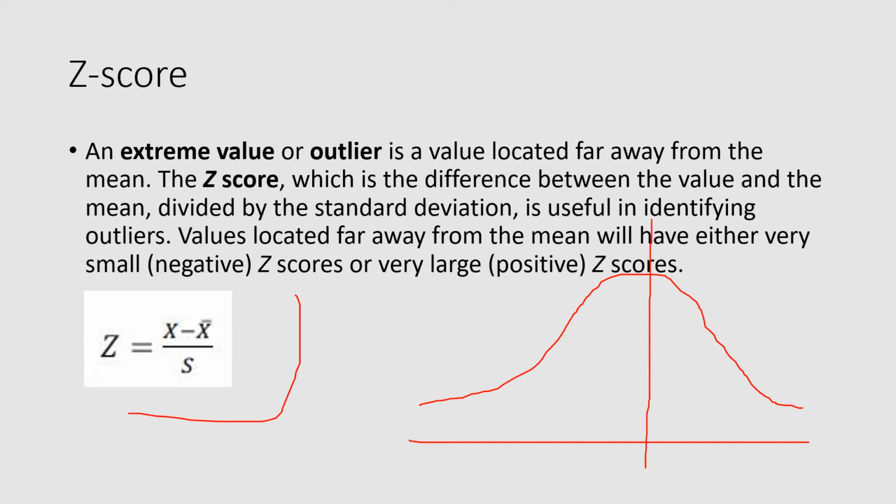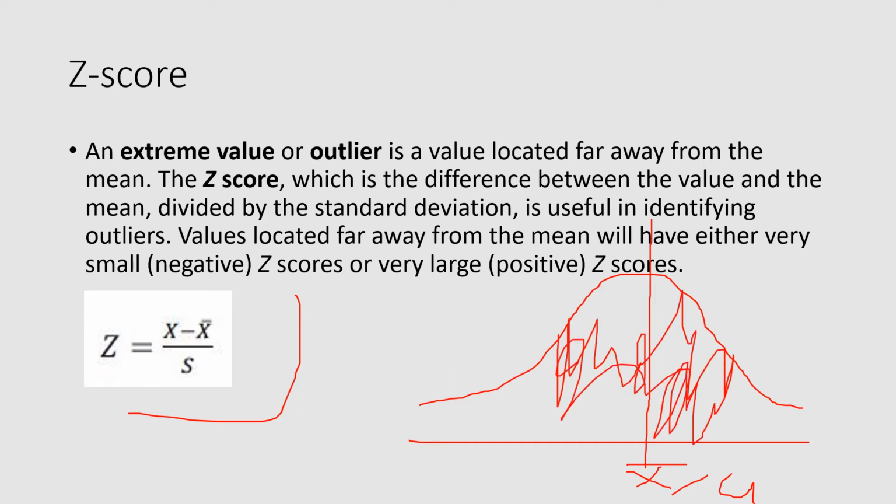Let's say this is the mean, or the population mean, mu, and then the scores would scatter around the mean. Hopefully not so much over here or over there. Why? Because then we will have skewed data.